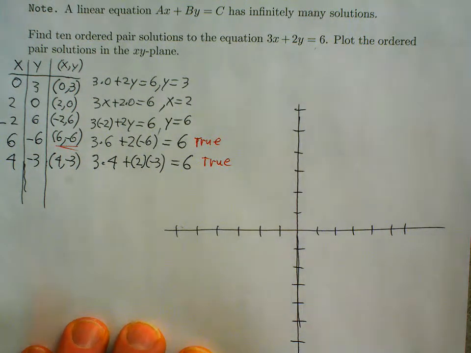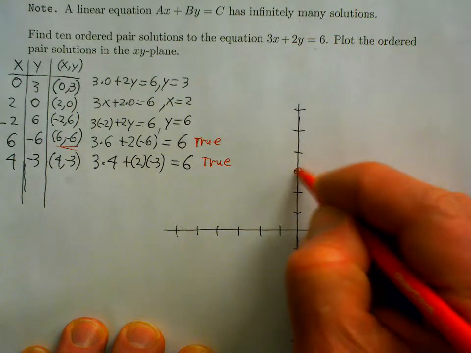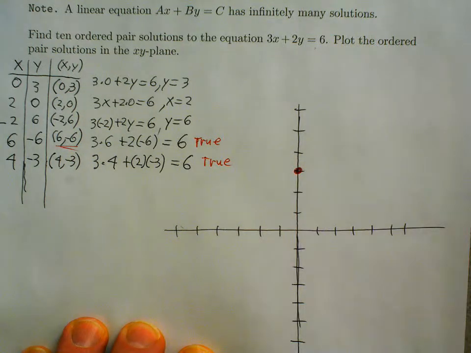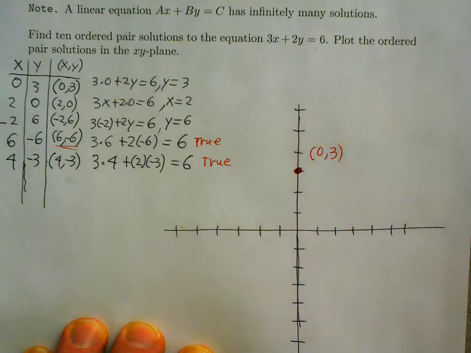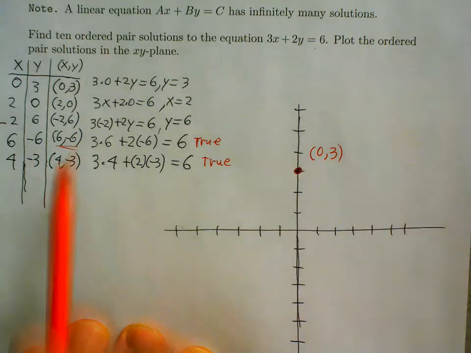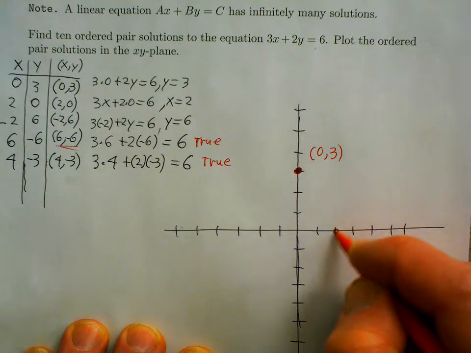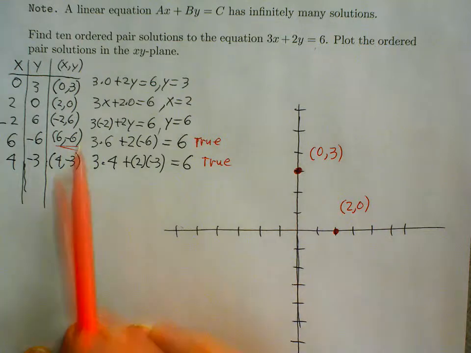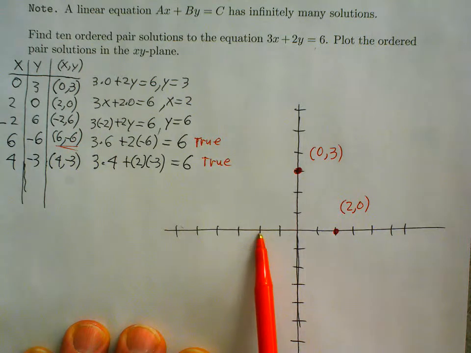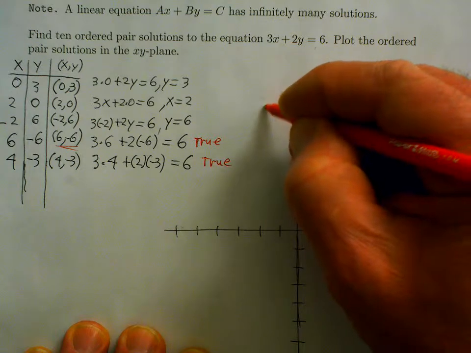Okay, the first ordered pair, (0, 3). (0, 3) is right here. The next ordered pair, (2, 0), is right here. Then (-2, 6). So that point is right here.